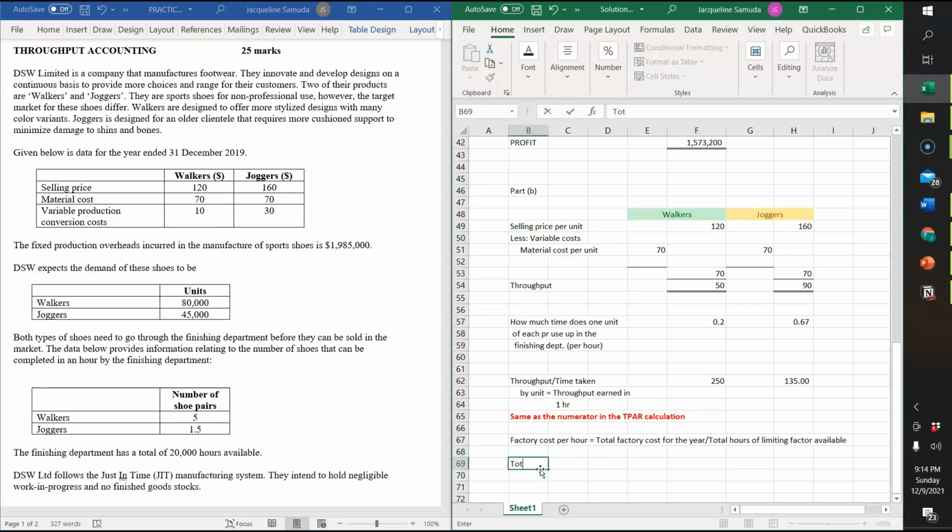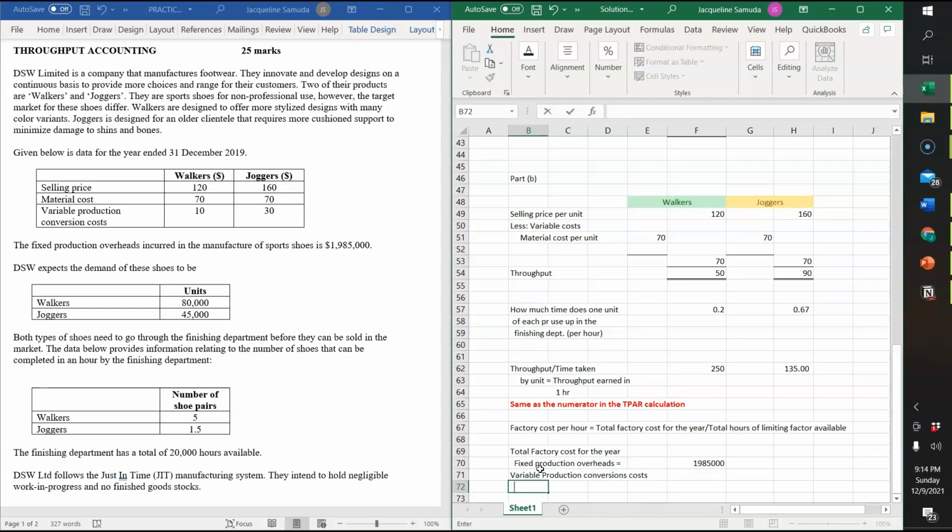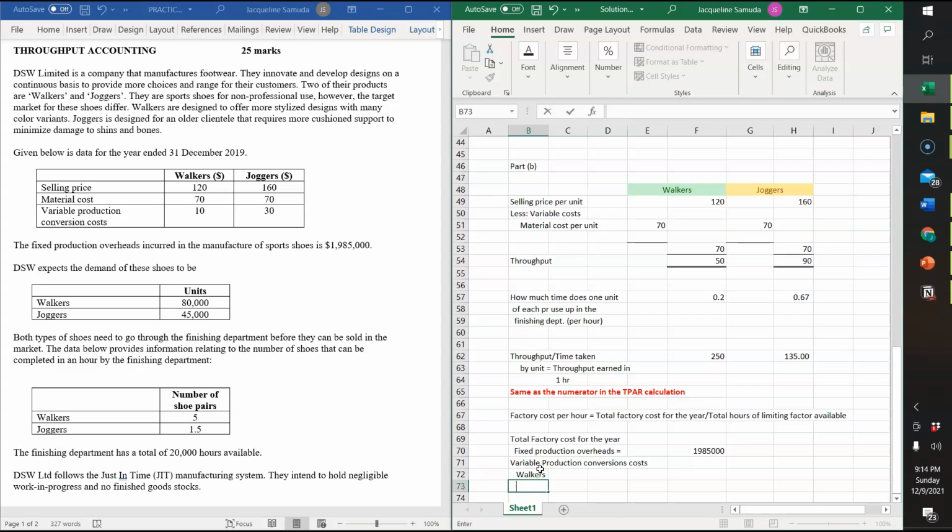So we're now working out the total factory costs for the year, and it is made up of the fixed production overheads, and that figure came to 1,985,000, and it is also made up of the variable production conversion costs, and we have to find out how much it is for walkers and how much it is for joggers, because we were given the data based on a per unit level. So here's how we're going to work that out.